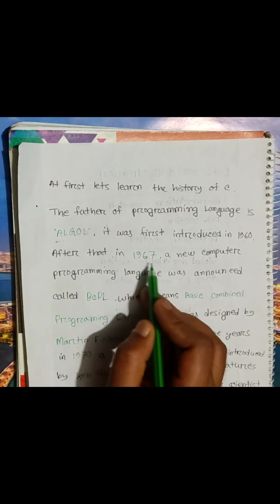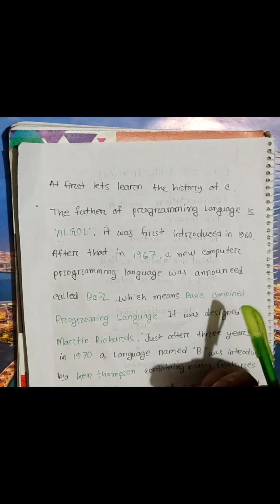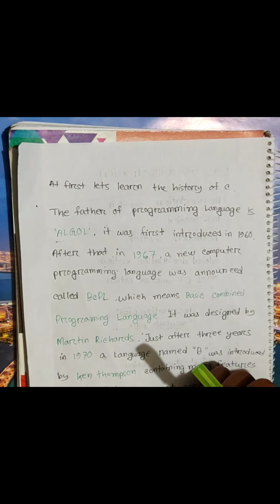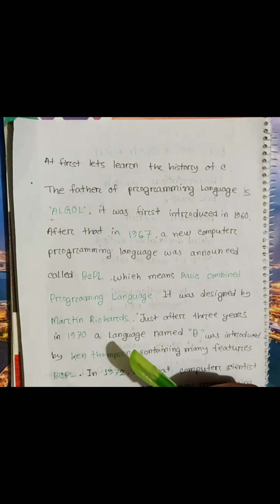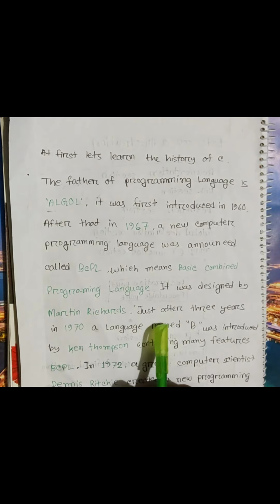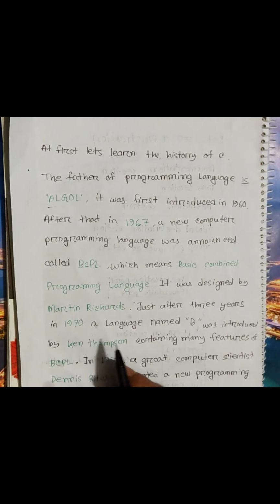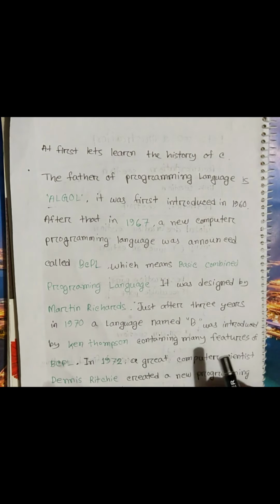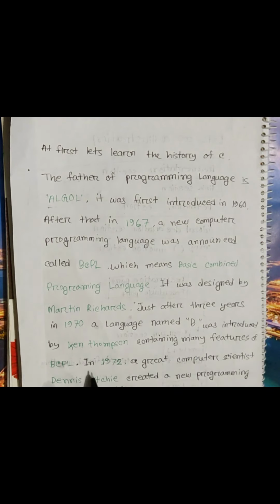After that, in 1967, a new computer programming language was announced called BCPL, which means Basic Combined Programming Language. It was designed by Martin Richards. Just after 3 years, in 1970, a language named B was introduced by Ken Thompson, containing many features of BCPL.